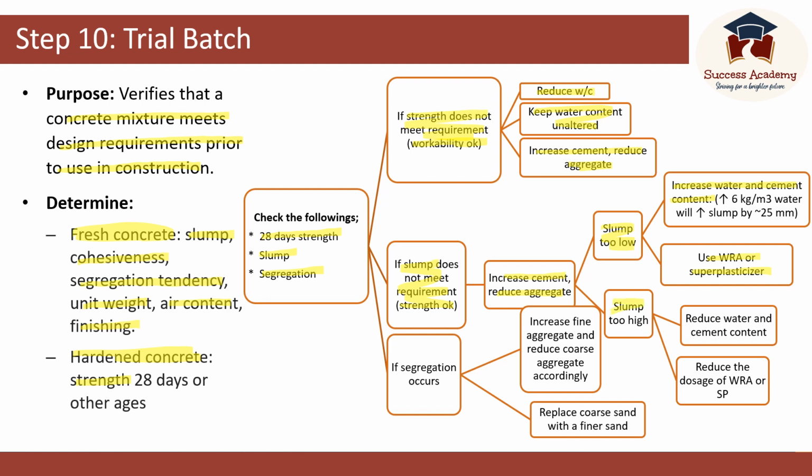If slump is too high, we can reduce water and cement content or reduce the dosage of water reducing admixtures or superplasticizers. If segregation occurs, we can increase fine aggregate and reduce coarse aggregate accordingly, or else replace coarse aggregate with fine aggregates.